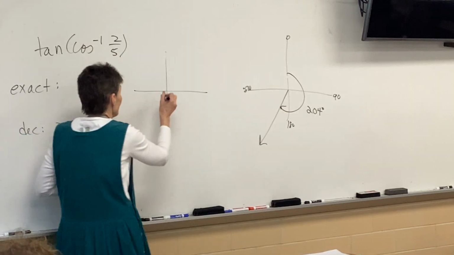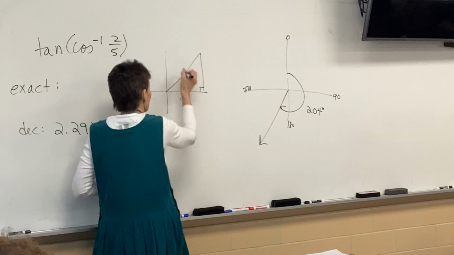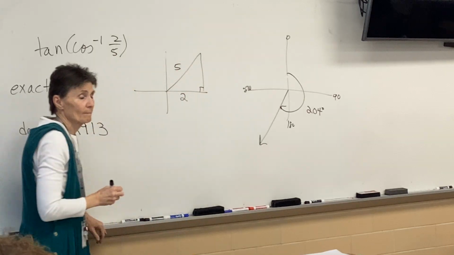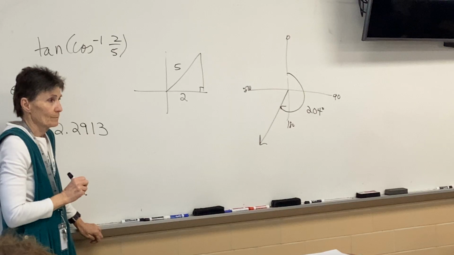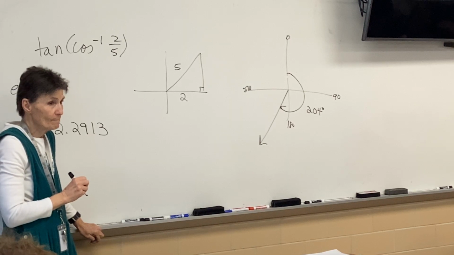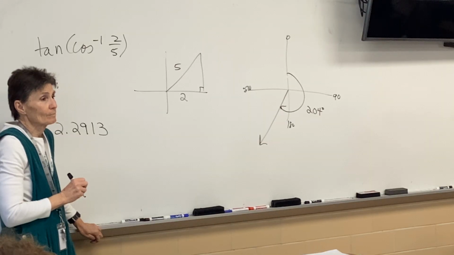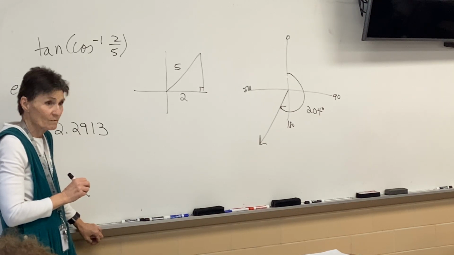Since that's positive, we're going to draw it in quadrant 1. And the cosine is 2/5. So now I'm going to do the Pythagorean theorem. A squared plus 2 squared equals 5 squared.